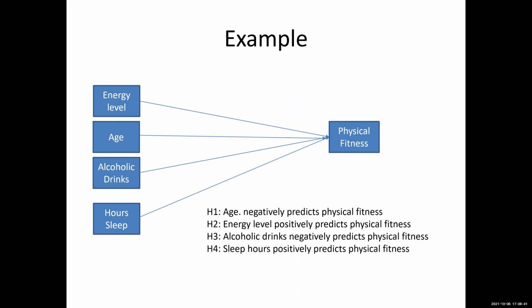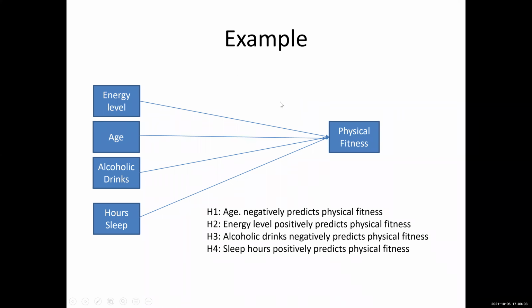Now, if I look at the nature of my variables, I have 4 independent variables, which are scale variables. They have a continuous measurement, and I have 1 dependent variable, which is again a scale variable. Now, in that case, I would use regression.